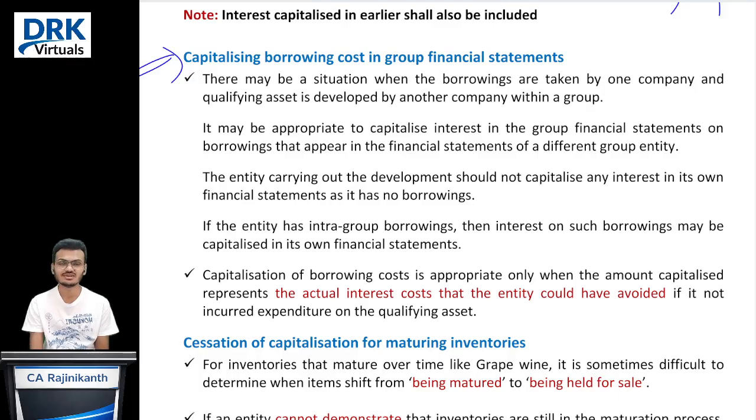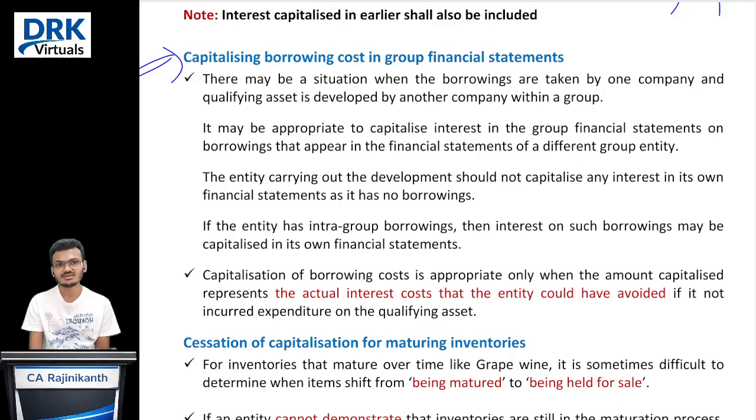So we should think appropriately whether those borrowings and qualifying assets can be capitalized. From the group's point of view, it is appropriate to capitalize the borrowing cost, because from the group's point of view, we need to see all companies as a whole, one company only, right? We should capitalize it.